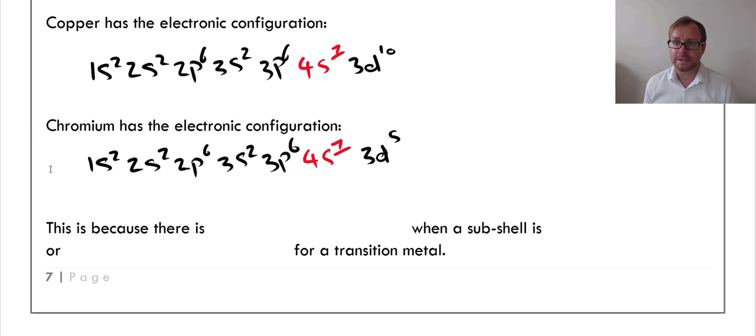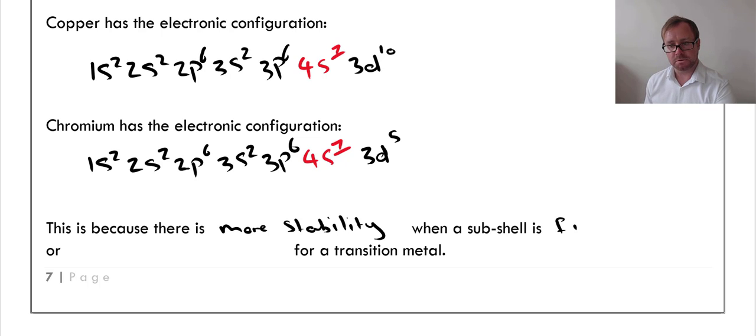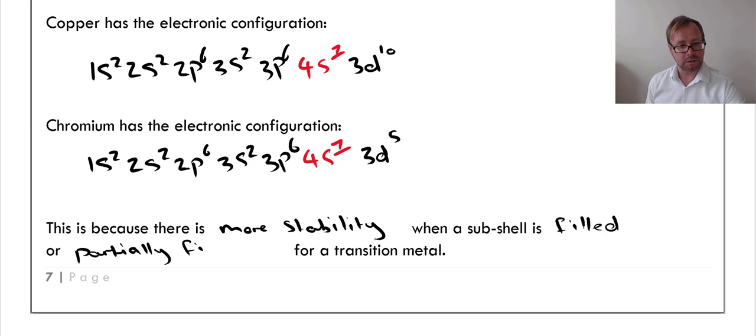Okay, so why does this happen? Well, this happens because there is more stability when a subshell is filled or partially filled for d orbitals and for transition metals.